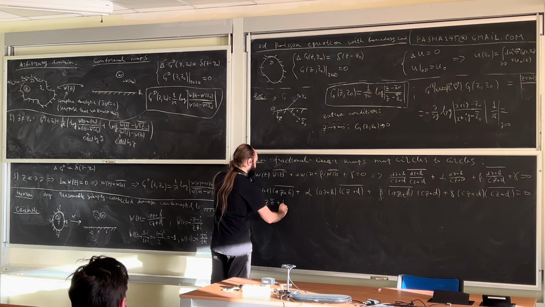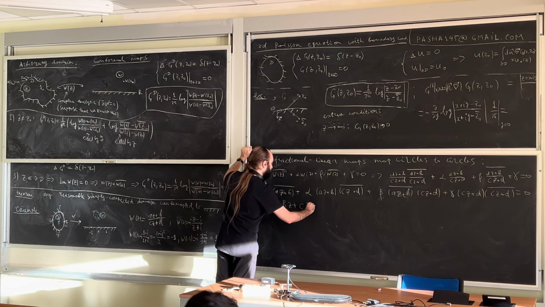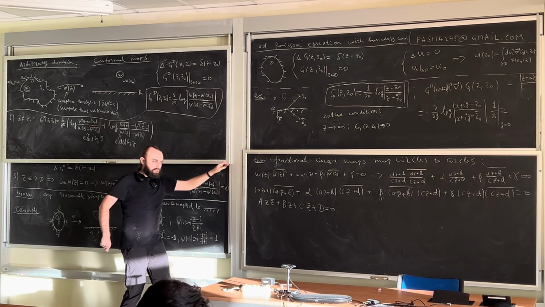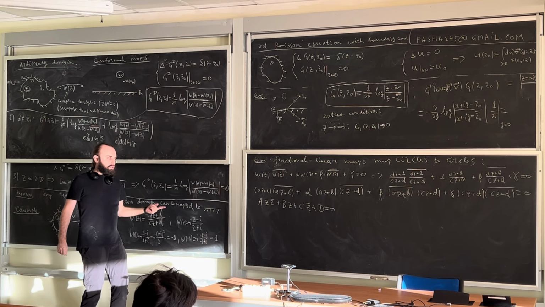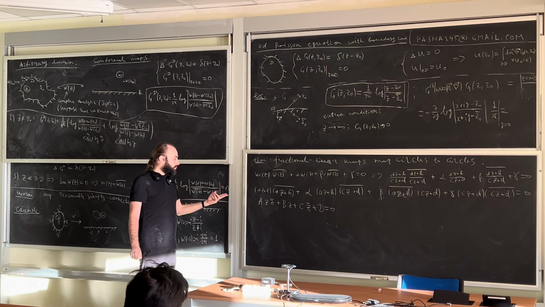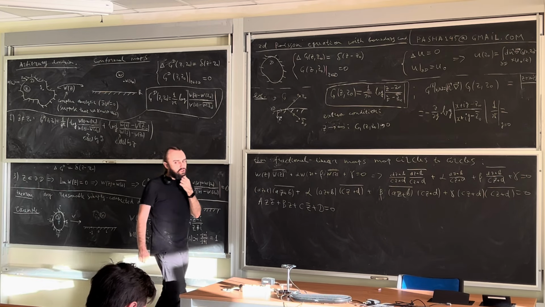A z z bar plus b z plus c z bar plus d equals to 0. So it is some circle with different radius, with different center, but it's still a circle.